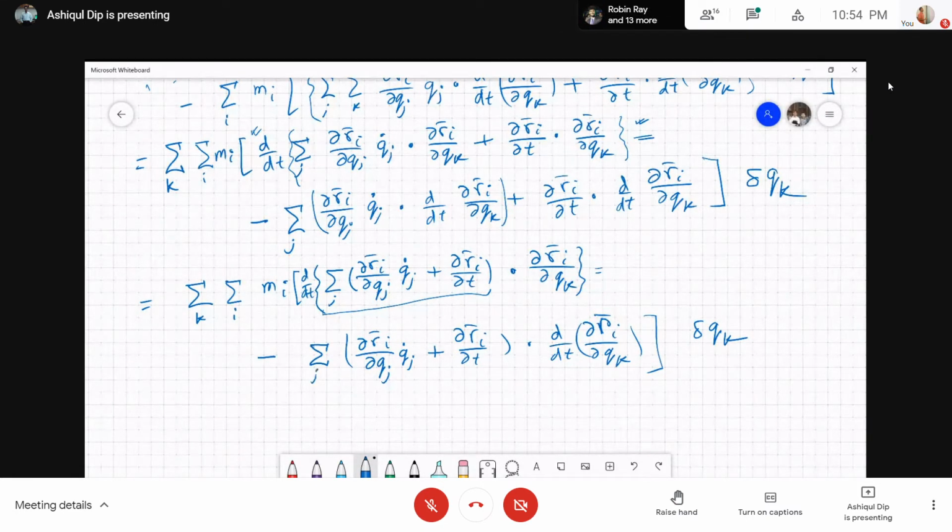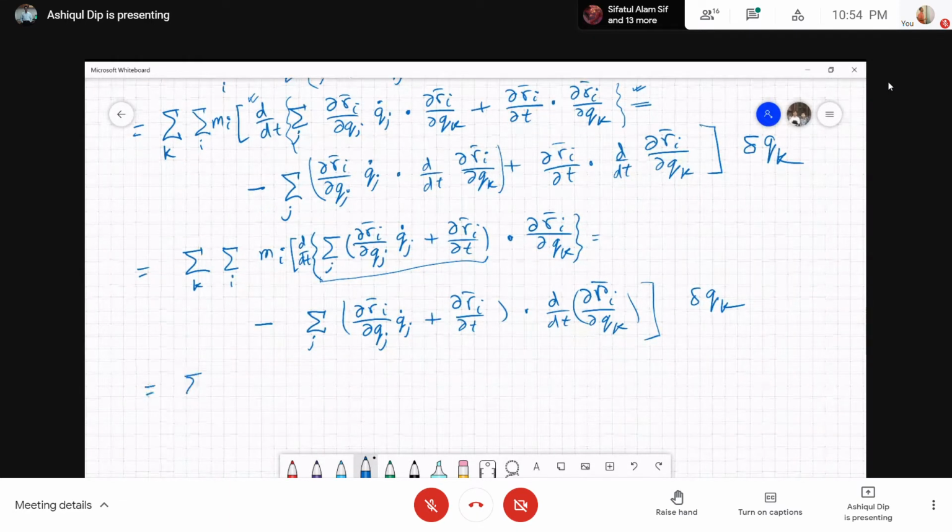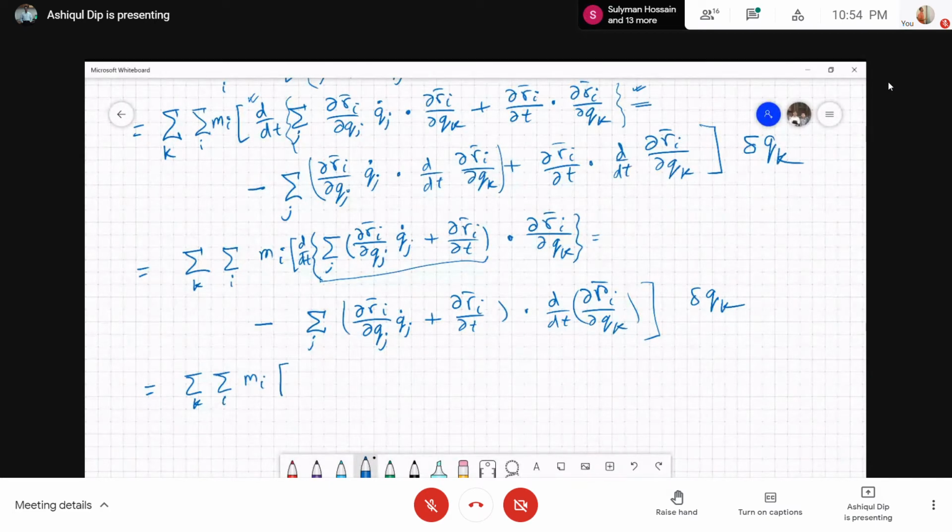So we have the sum over k, sum over i, m_i, then d/dt of this whole thing. And what's the whole thing? This is number one: v_i dot ∂r_i/∂q_k, in curly brackets.